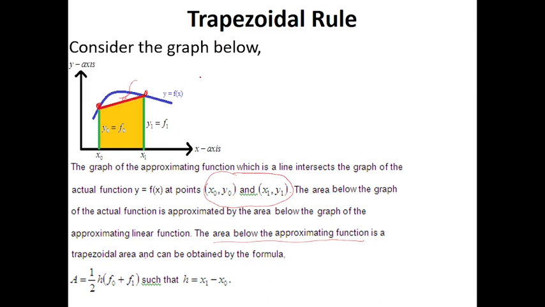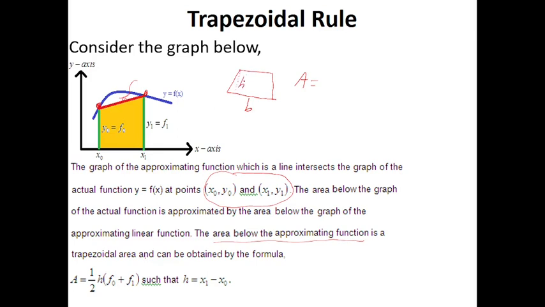So the area of a trapezoid, as you have learned before, let's say we have this trapezoid. And how do we find the area of this trapezoid? So the area of the trapezoid can be obtained using the formula. So this is the base and this is the altitude.